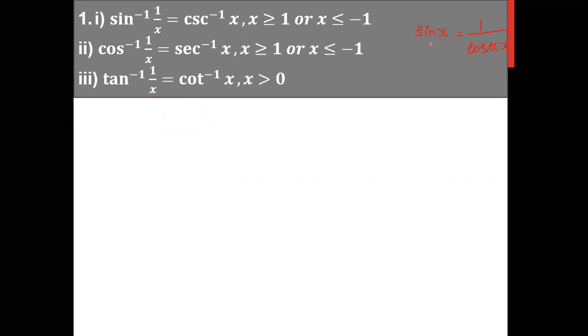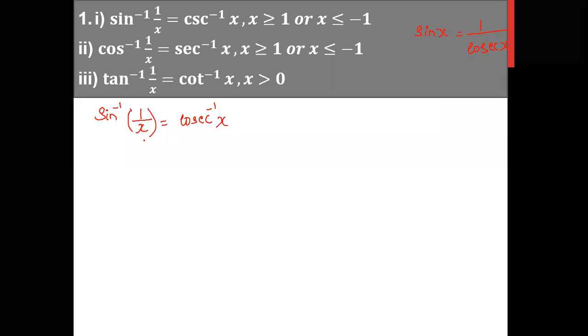But when we talk about the reciprocal of inverse functions, the reciprocal applies to the term inside, not to the inverse. So sin inverse of 1 by x is equal to cosecant inverse x. Sin inverse of 1 by x is always cosecant inverse x.